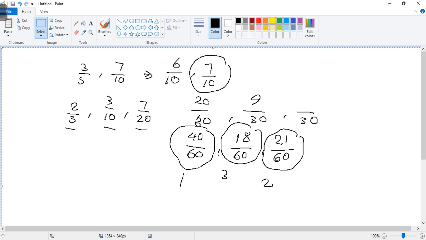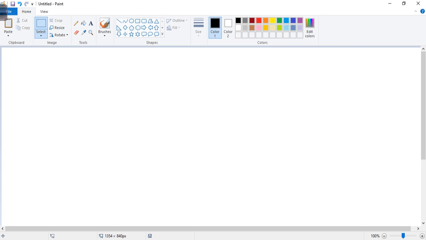Let's have another one. We have 9 over 10, 11 over 12, and 4 over 5. We need to find a common multiple of 10, 12, and 5.